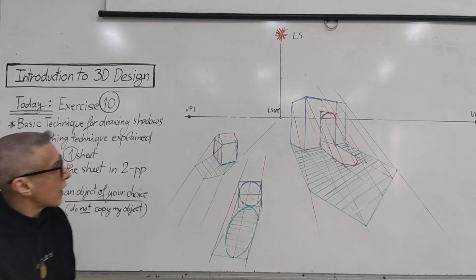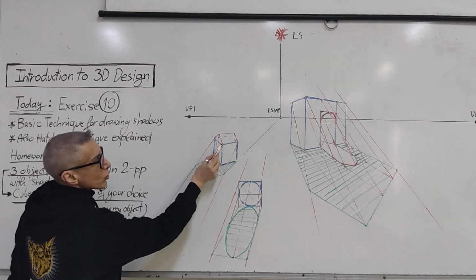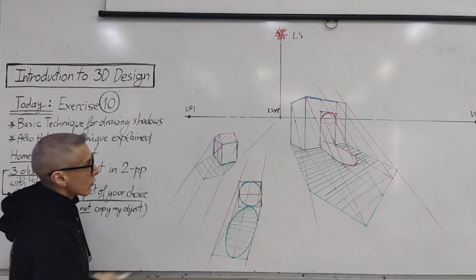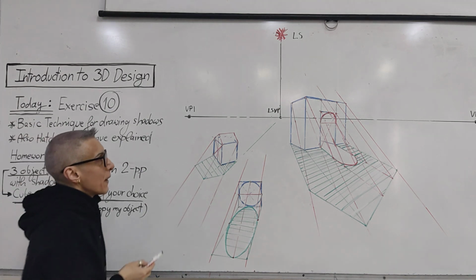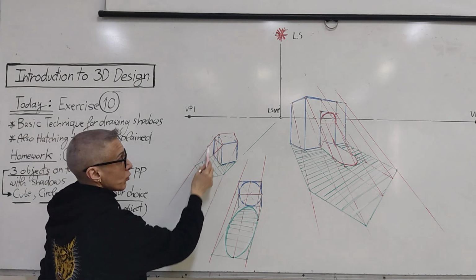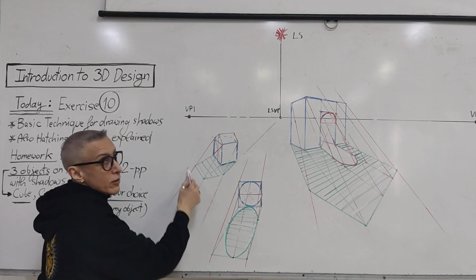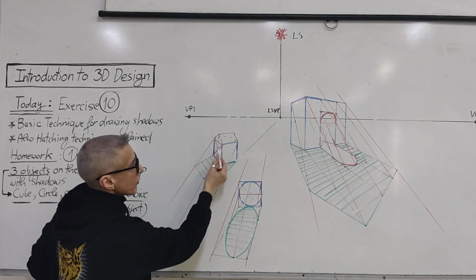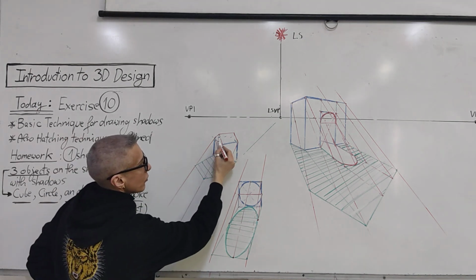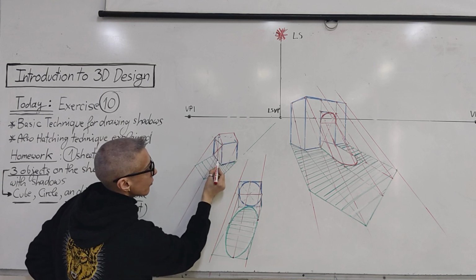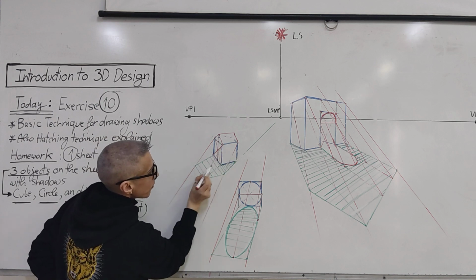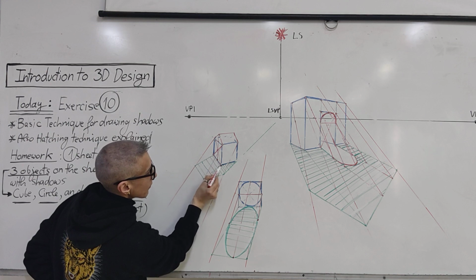Now, what if we have this kind of object, and we want to draw the shadow of this here, okay? So, again, we had to start with this here to identify the location. And the center points are very important. You see here this point, and this point. This point is very important because it touches this line, okay?